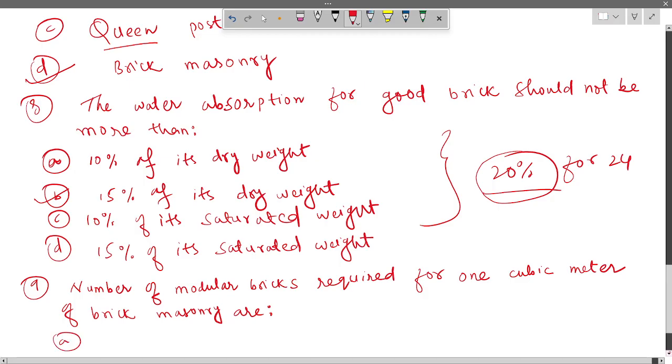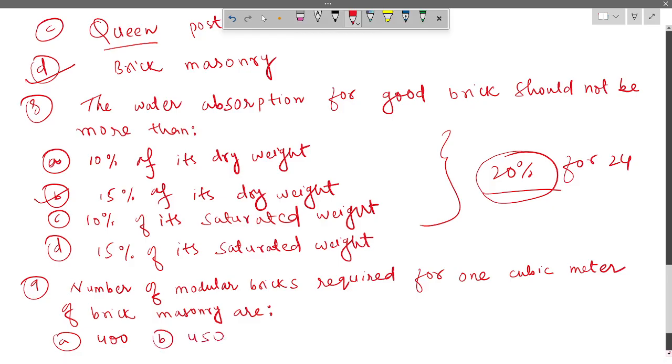The first one is 400, the second one is 450, the third one is 550, and the last option is 500.